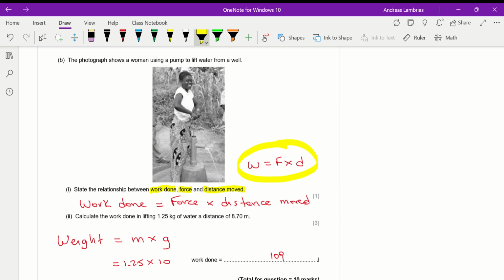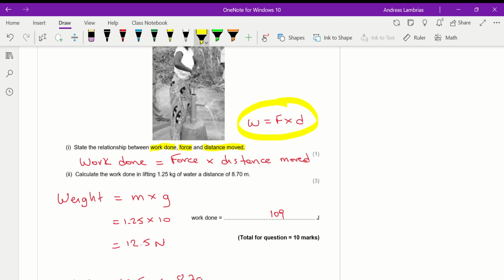And in the last part of this question, we have to find the work done. So we are given the mass and we're given the distance. Now, we don't have anything about the force. As you can see here on the equation, we need to find the force. So how can we use the mass to get the force? If you remember, weight equals mass times g. g is the gravitational field strength, which we consider to be 10.